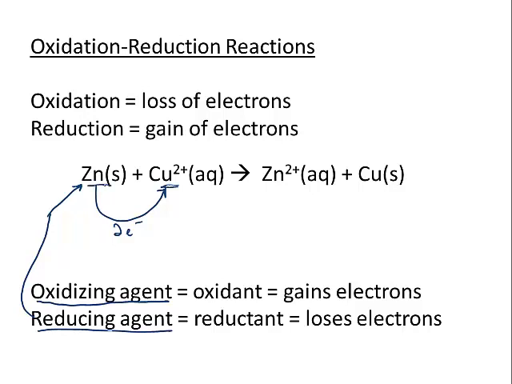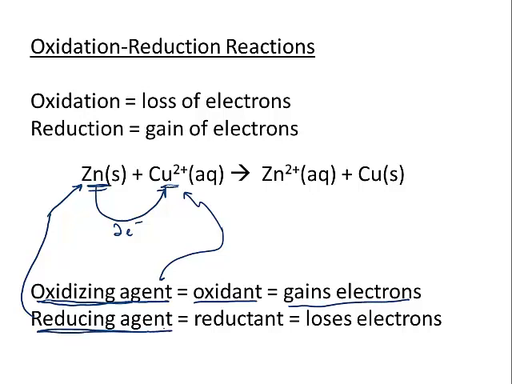Likewise, the zinc is losing 2 electrons, but it can't lose those electrons unless something takes them away from it. And copper 2 plus is the agent of zinc being oxidized because it's taking the electrons from zinc. So copper 2 plus is the oxidizing agent. An oxidizing agent is also often called an oxidant, and it's the thing that gains electrons, or you might say takes electrons from something.